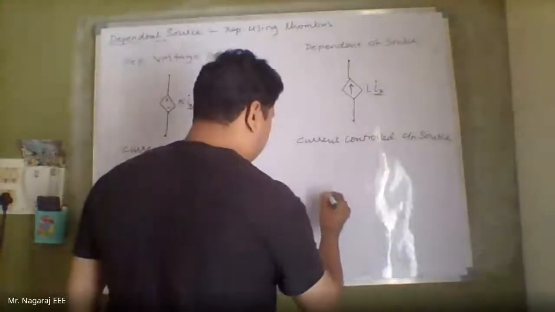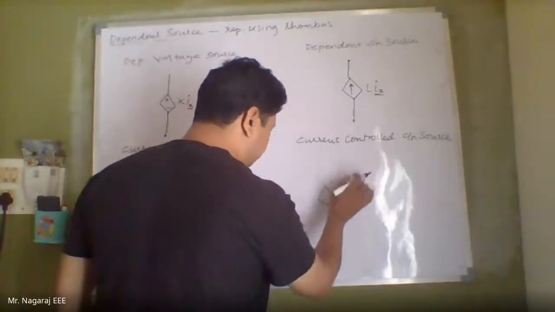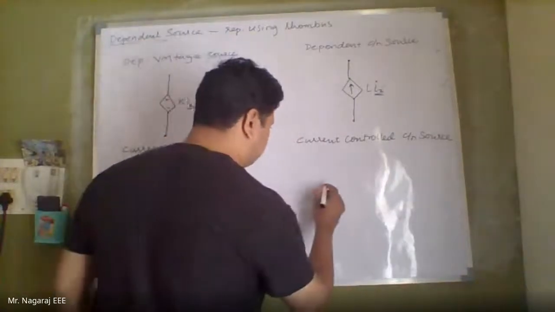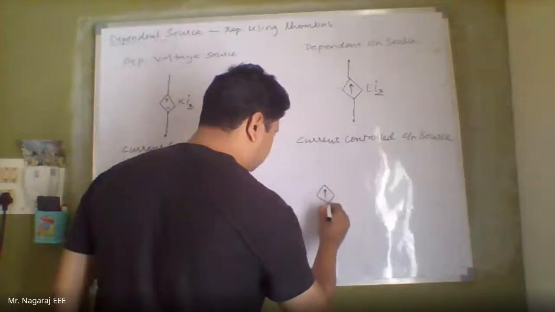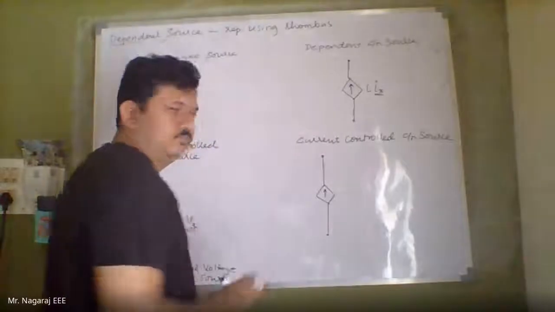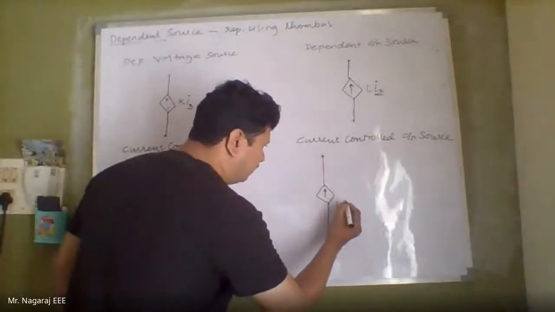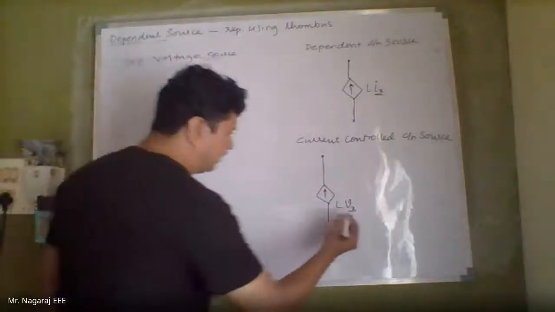Now, there can be a current source. Okay. There can be a current source L into Vx. So what is this Vx now?